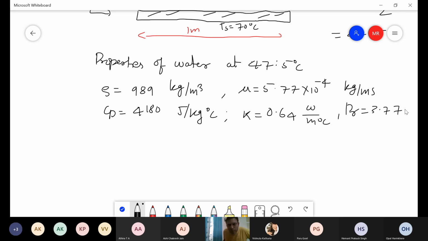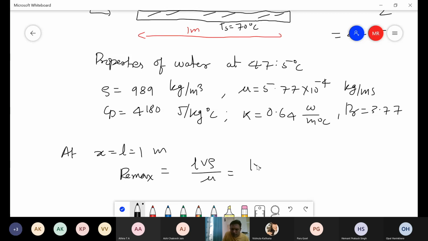Okay, now these are the properties we have obtained. Now we have to find out at x equals to L equals to 1 meter, the maximum Reynolds number. Maximum Reynolds number will be at this end, isn't it? So that can be given as L V rho by mu.